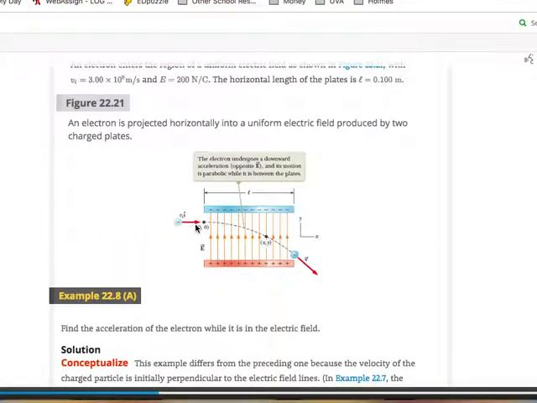Notice here we had an electron that came in with zero velocity in the y direction, but it experienced a force in the negative y direction because of this electric field, which was in the positive y direction, and that caused it to accelerate in the negative y direction. It still had an initial velocity in the x direction, which gave it this parabolic motion, very similar to the second half of projectile motion.